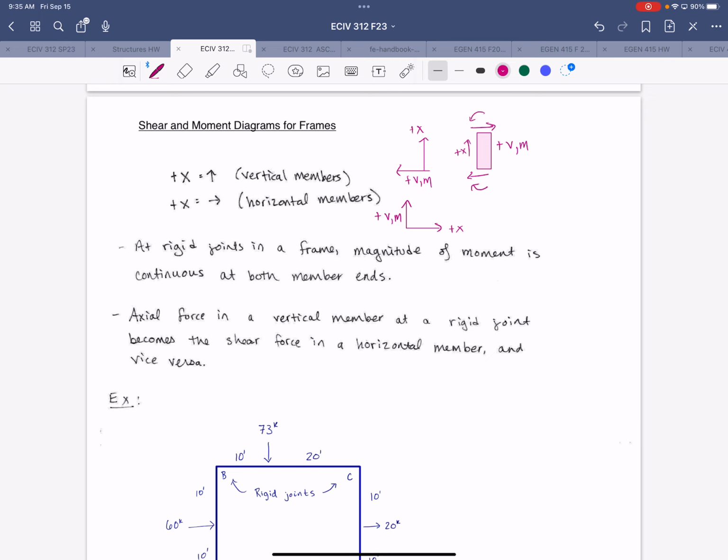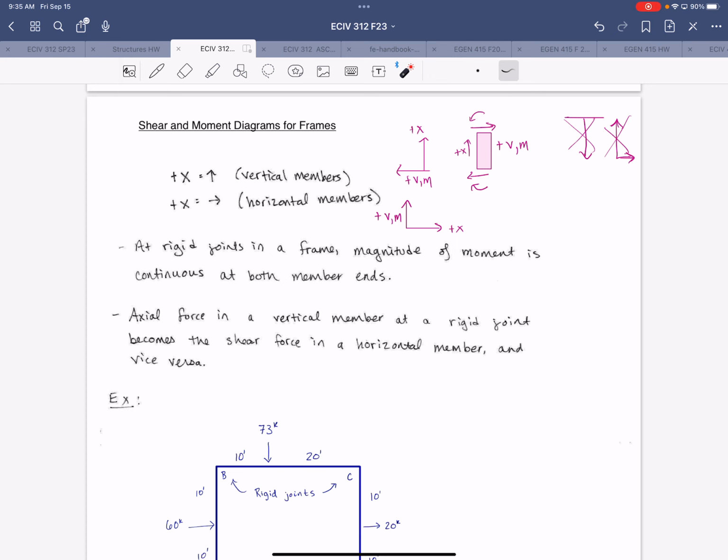So one thing I don't want to see for vertical plots, I don't want to see positive x downward, and I don't want to see something like this, all right, where positive shear and moment is to the right instead of to the left.